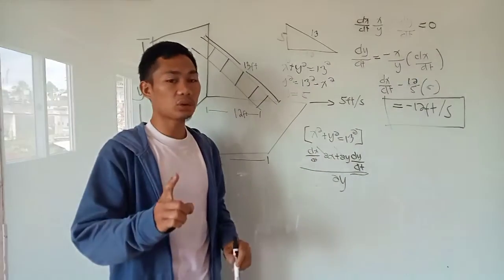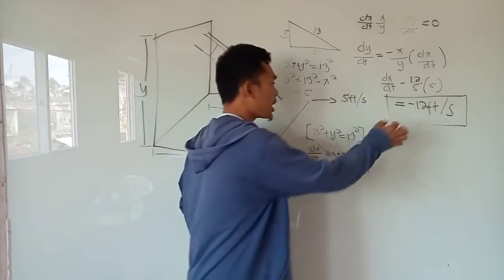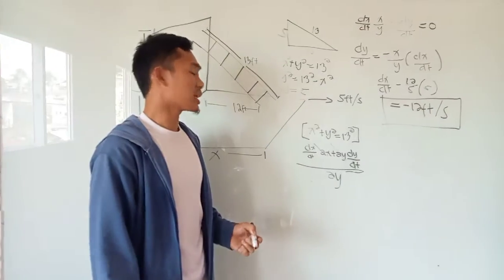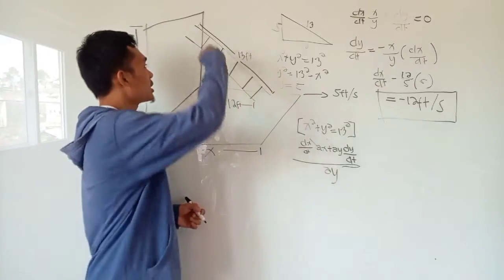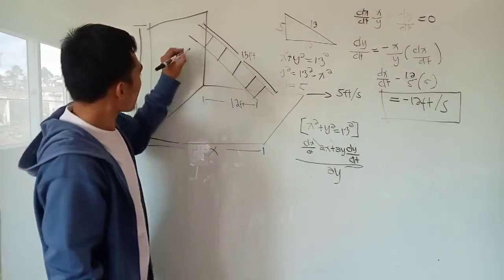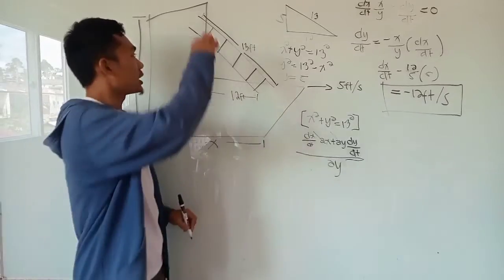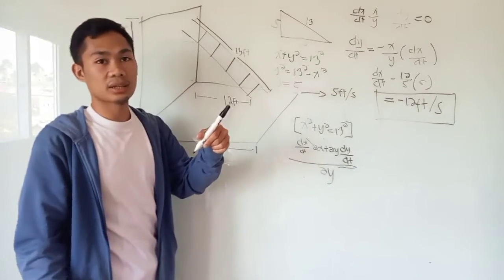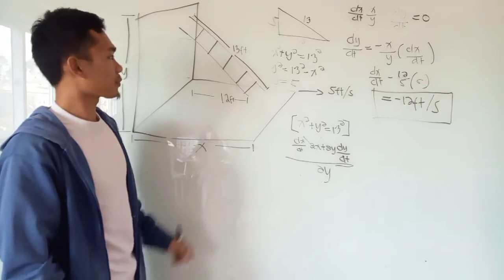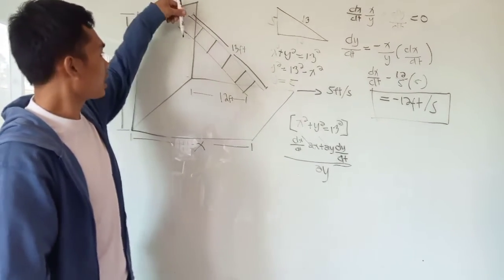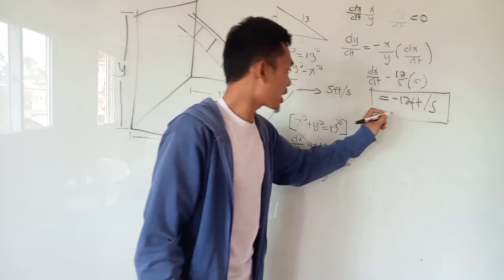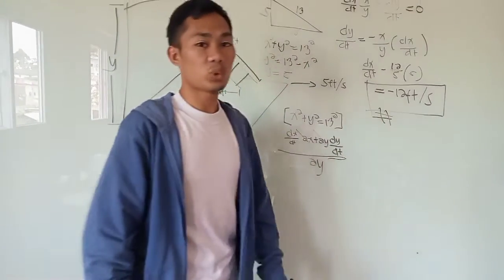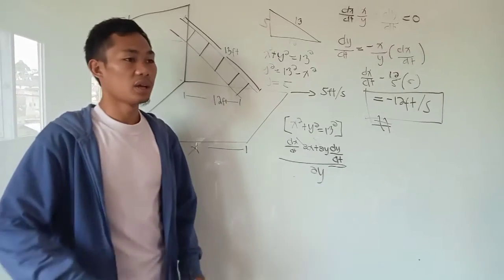Now, take note that we have the value of negative 12 feet per second because as time passes, the distance from the top of the ladder to the floor is decreasing, right? So that means it became shorter, so that is why we have the value negative. So negative 12 feet per second.